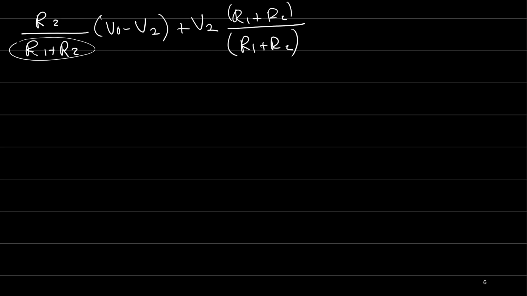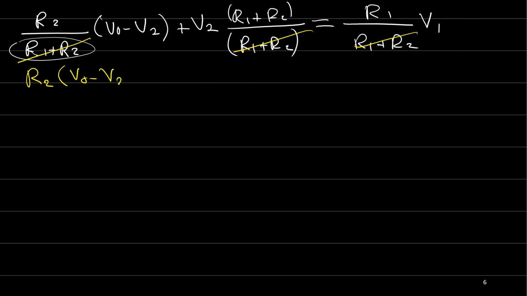So this will be R1 over R1 plus R2 times V1. Now we can easily remove these denominators. So R2 times V out minus V2, plus V2 times R1 plus R2, equals R1 times V1.